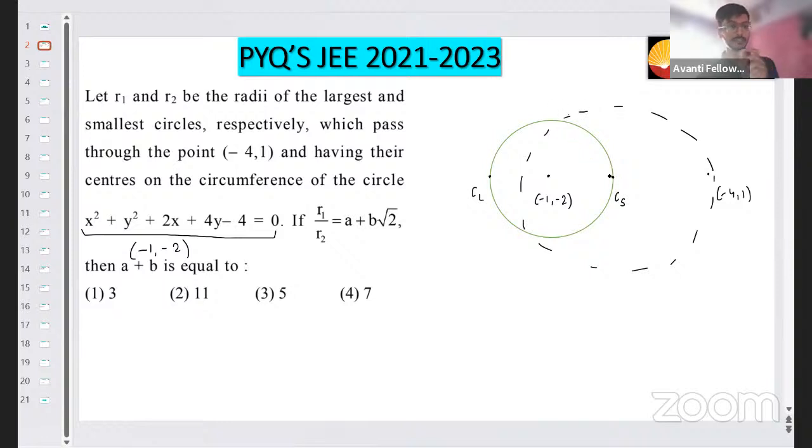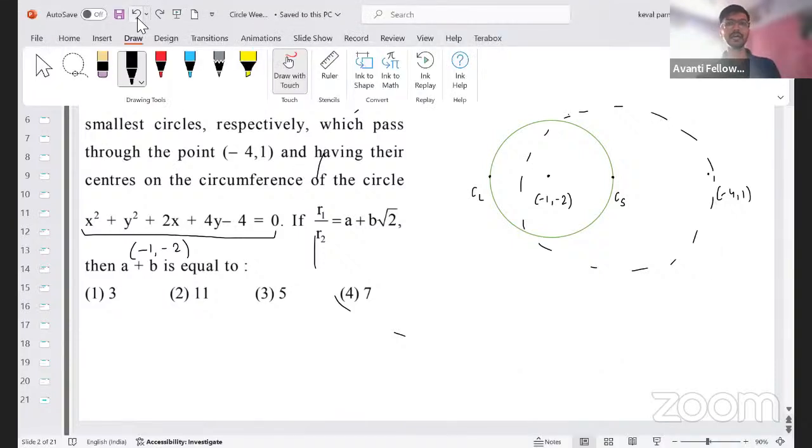So this will be a smaller circle. And how will the largest circle be? The largest circle will be when the center lies here. So it will be like this, the largest. That means in diametrically opposite points. So let us remove all this, so our diagram looks more clean.